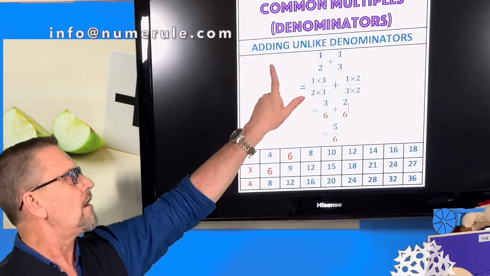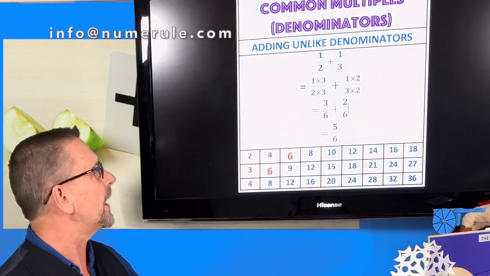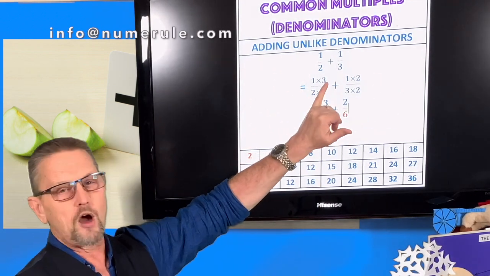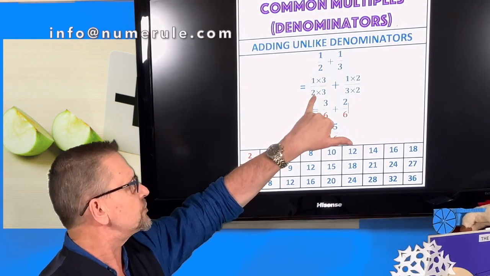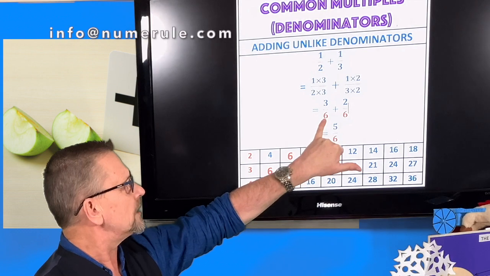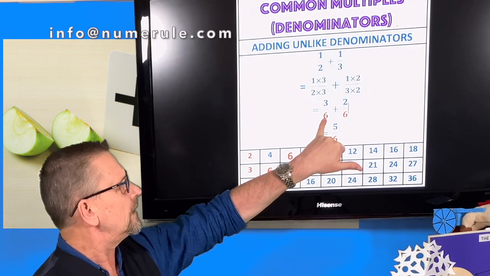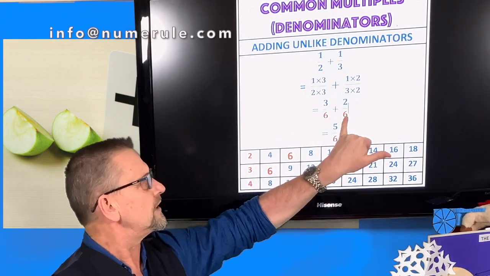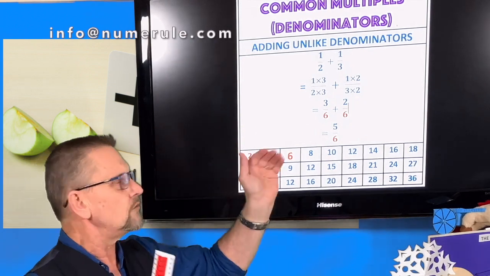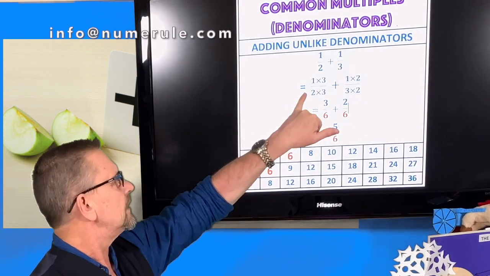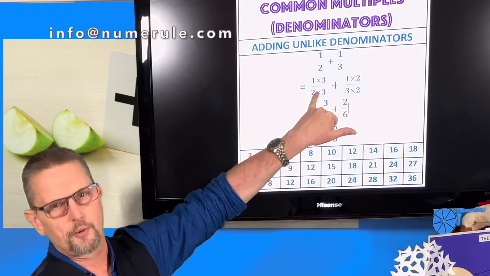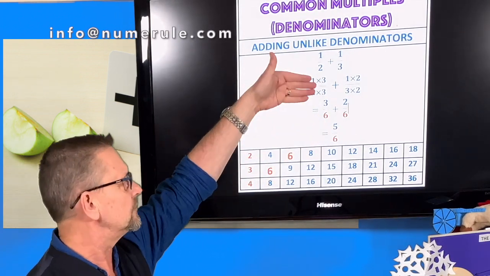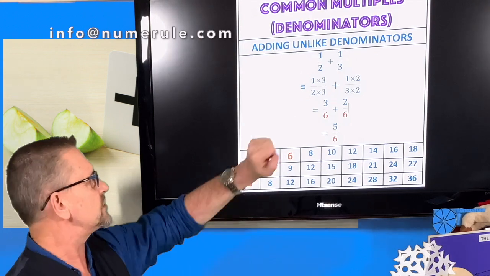Now, I've shown the way that we've all been taught how to do that, but in fact, I've shown how we can turn this 2 into a denominator that is similar to the other side. We multiply the 2 by the 3, and we've got to do it on the bottom and the top because we need to keep balance as far as our equation is concerned.